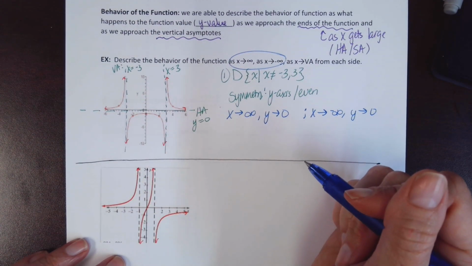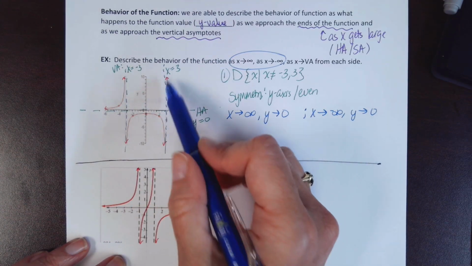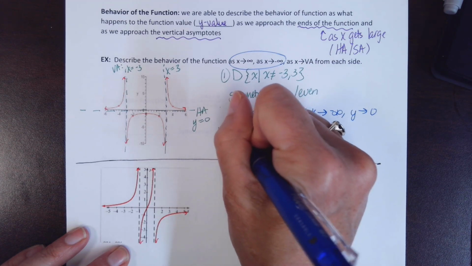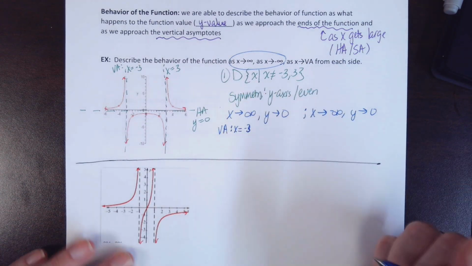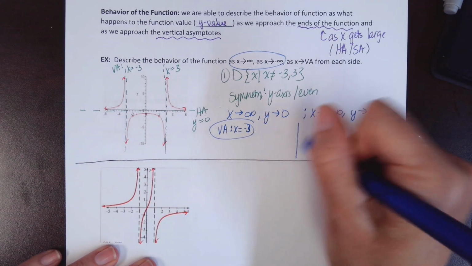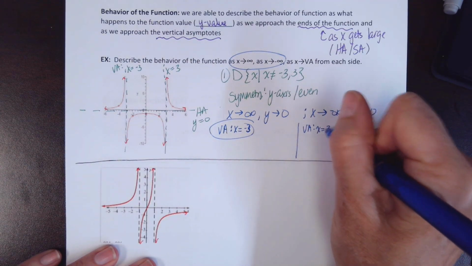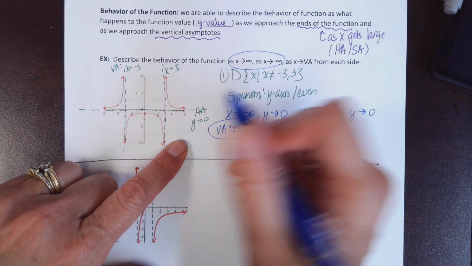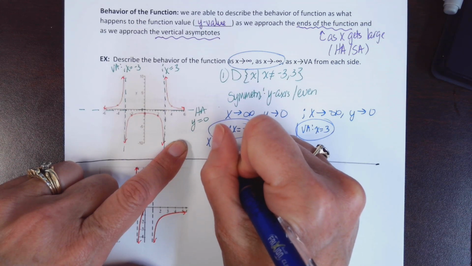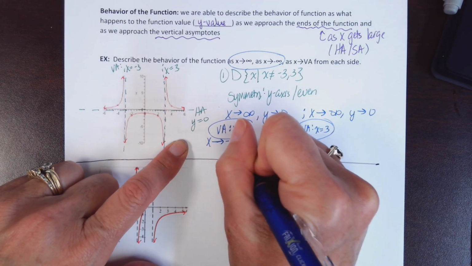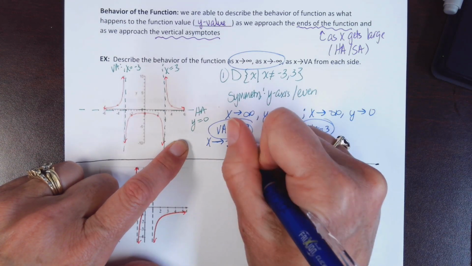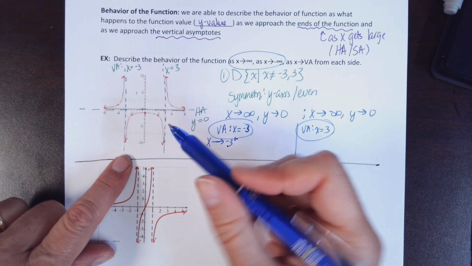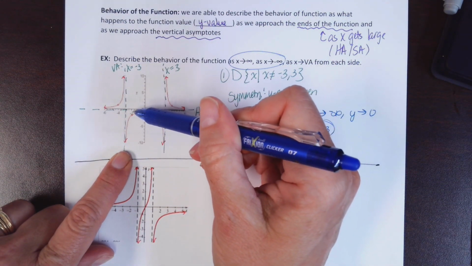The other behaviors we're interested in is what happens as we approach those vertical asymptotes. So we've got a vertical asymptote at x equals -3. So what happens as we approach that vertical asymptote, and what happens as we approach x equals +3 as a vertical asymptote? Well, as x approaches -3 from the positive direction, so as I'm going in toward this vertical asymptote from a positive direction, what is y doing?